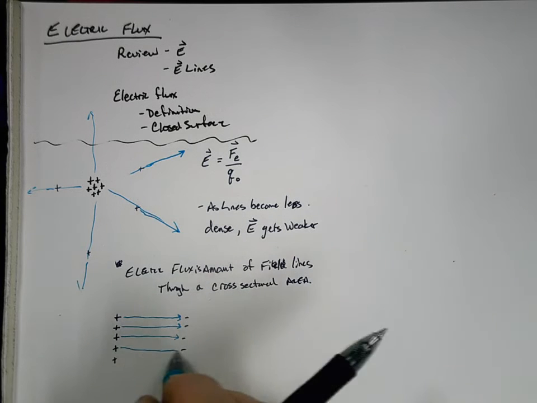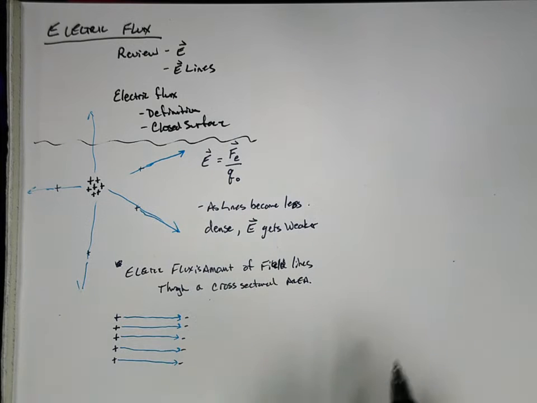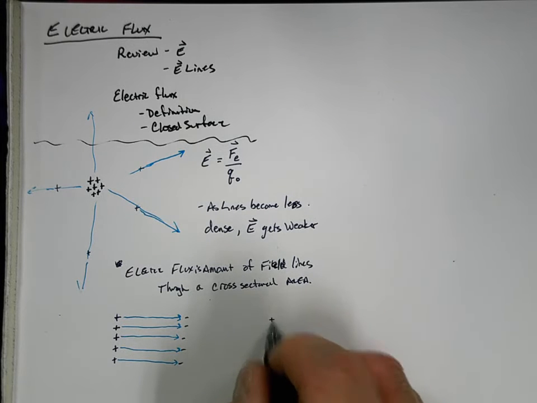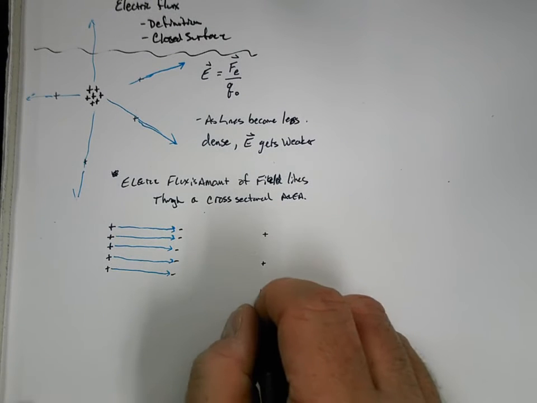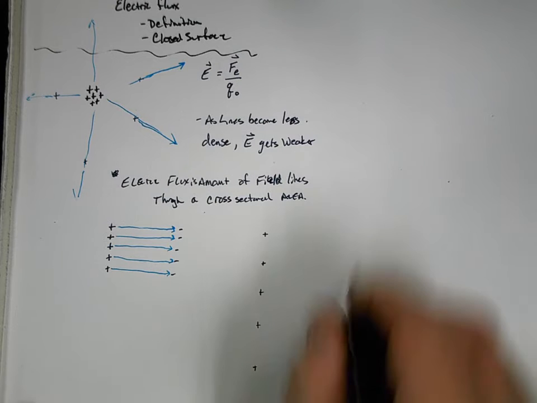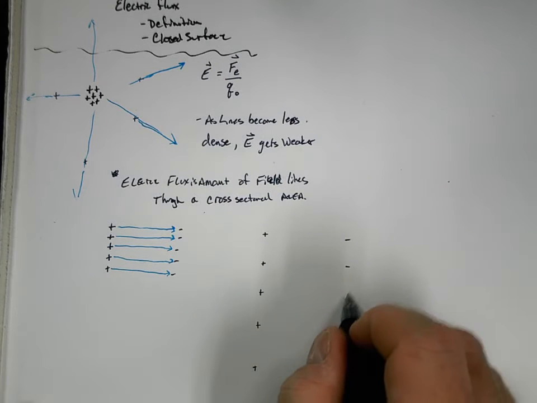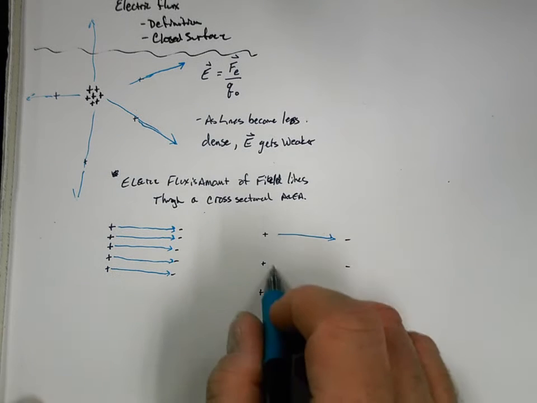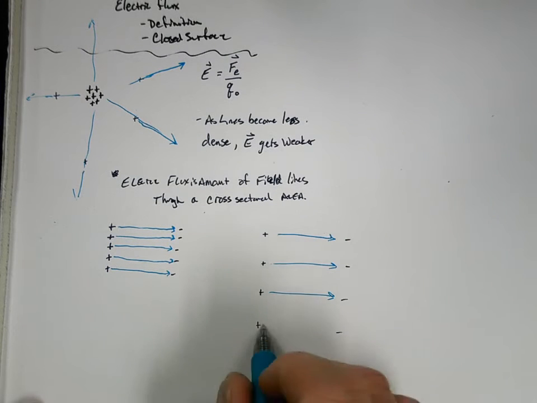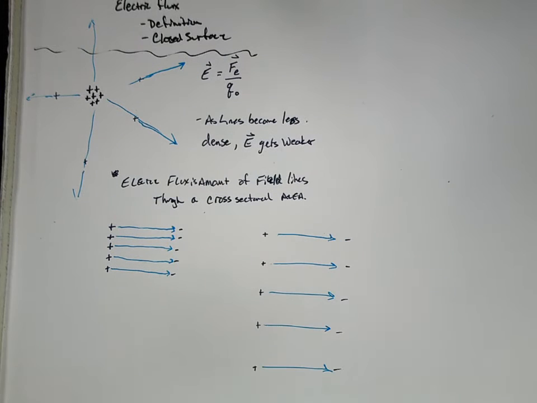If you remember, that's because we're putting a positive test charge in there, and it repels from a positive and attracts to a negative. Then we do another one where the charges are much further apart, and this is going to have field lines like that.